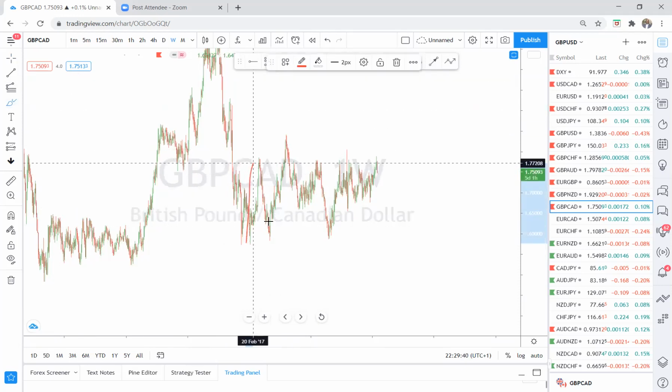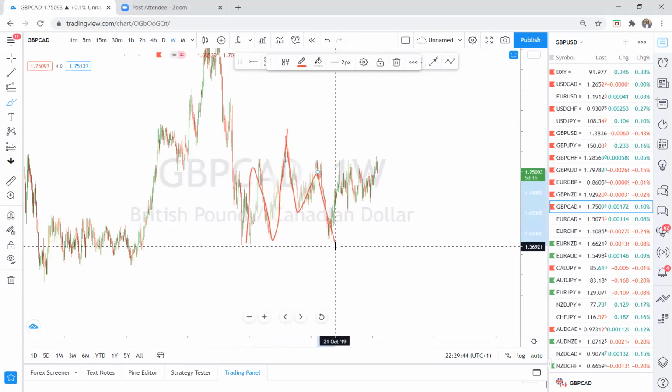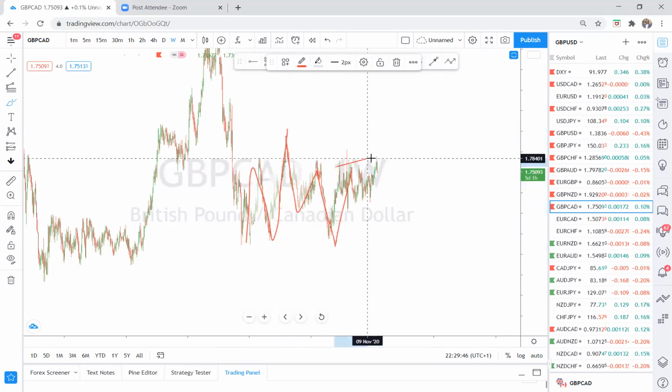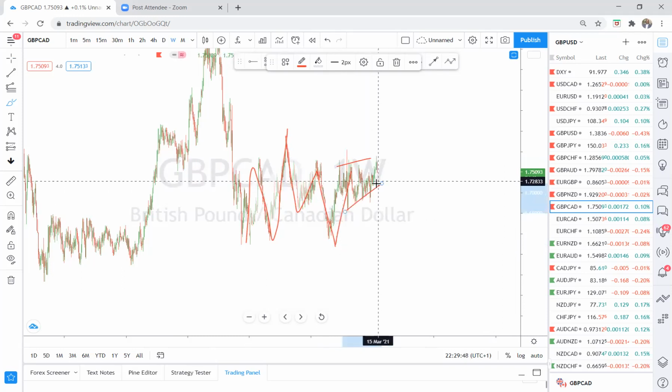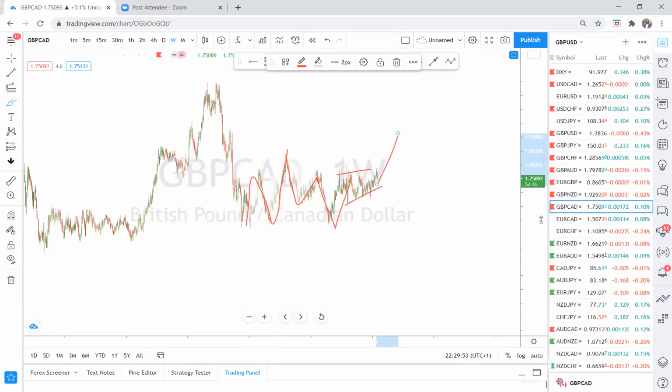You have a three-wave move to the upside, three-wave to the downside, and then we're expecting these three waves to complete, so that this move to the downside is effectively corrected into a WXY structure, WX and then Y.